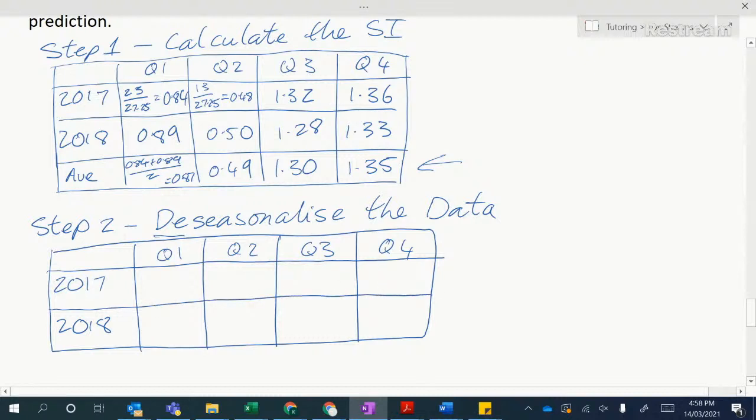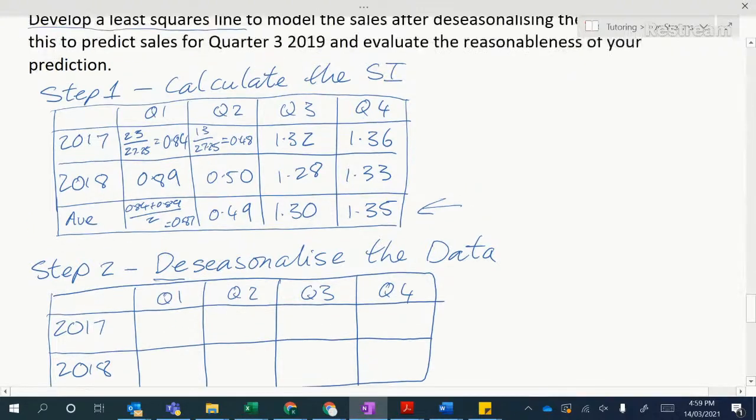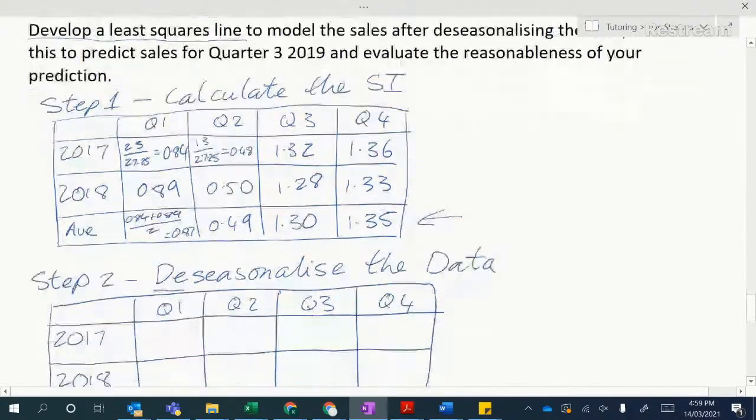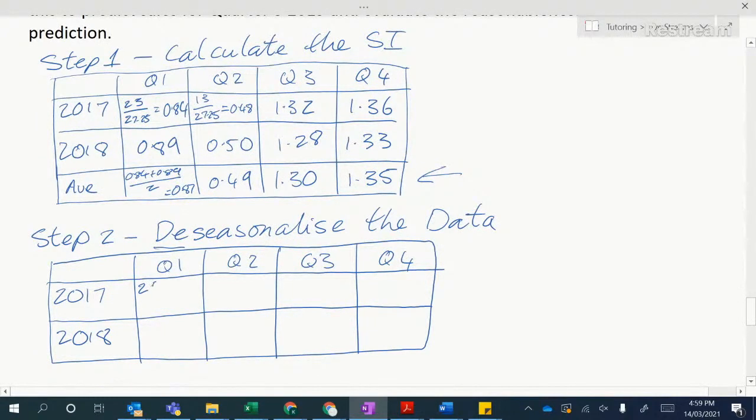So what I'm going to do is I'm going to take the first value, which is 23, and I'm going to divide it by the Q1 seasonal index, which in this case is 0.87. Okay. The next one would be 13 divided by the Q2 seasonal index, which would be 0.49. Okay.